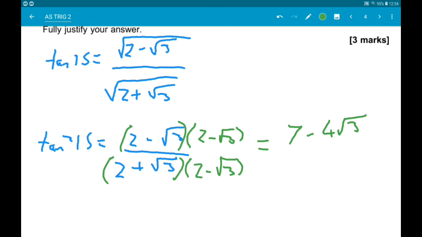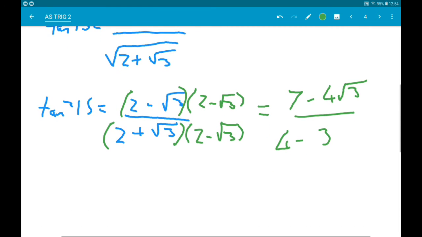Now on the bottom, we get 2 squared minus root 3 squared. So that's 4 minus 3. So our final answer is 7 minus 4 root 3.